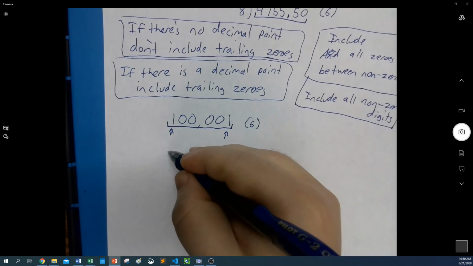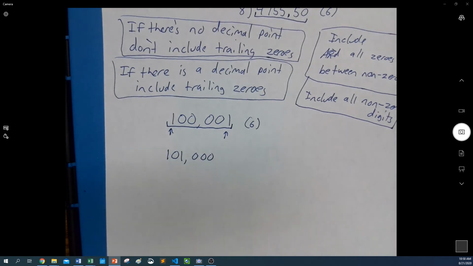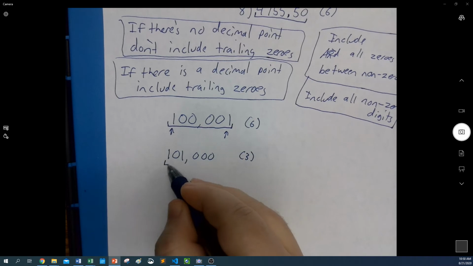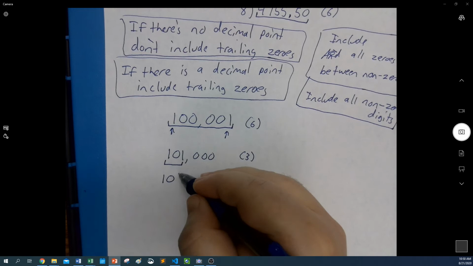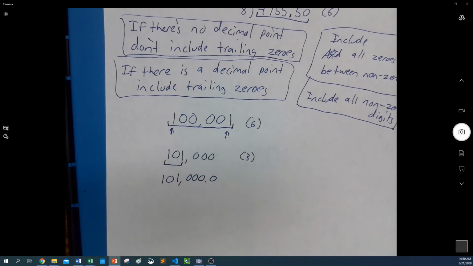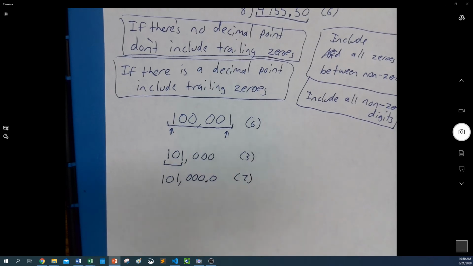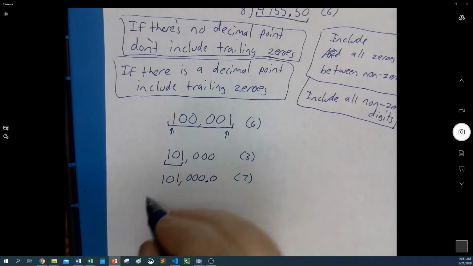Let's do this. 101,000 would have how many? It'd have 3. So again, we're looking at this range of significant figures. And then if I did 101,000.0, seven. So we have the definitions wording, but again we're looking at a range of values.